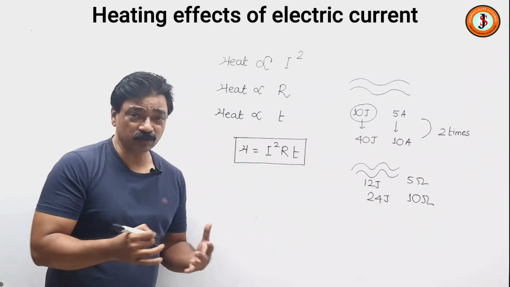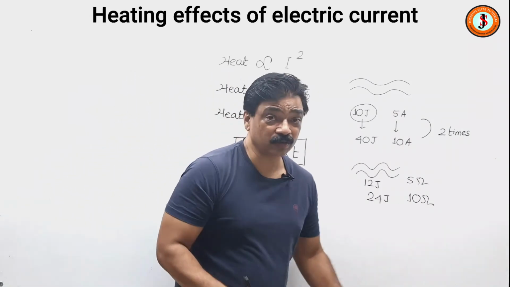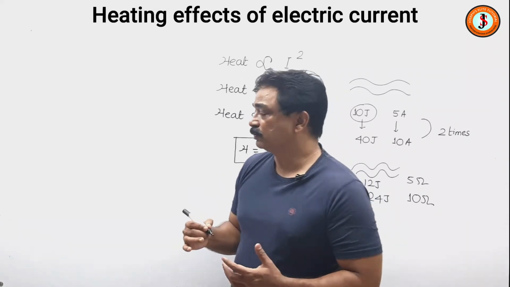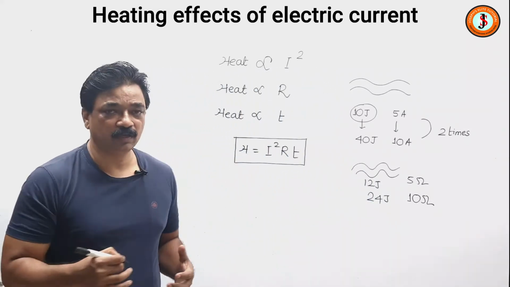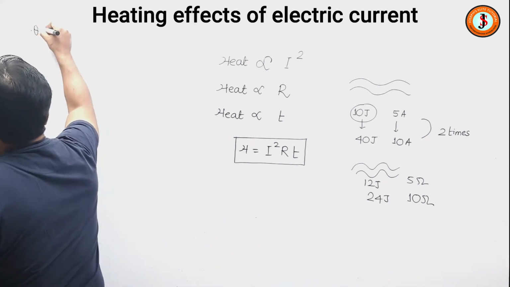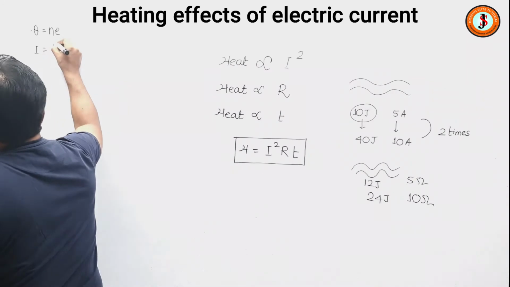We can also get this equation once again if we remember the formulas used in this whole chapter. The first formulas we studied in this chapter, I'm going to write: Q is equal to NE, I is equal to Q by T, isn't it?